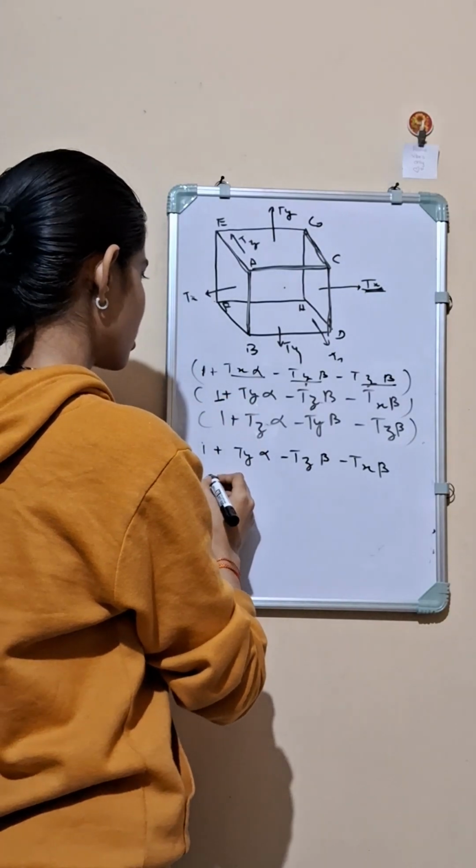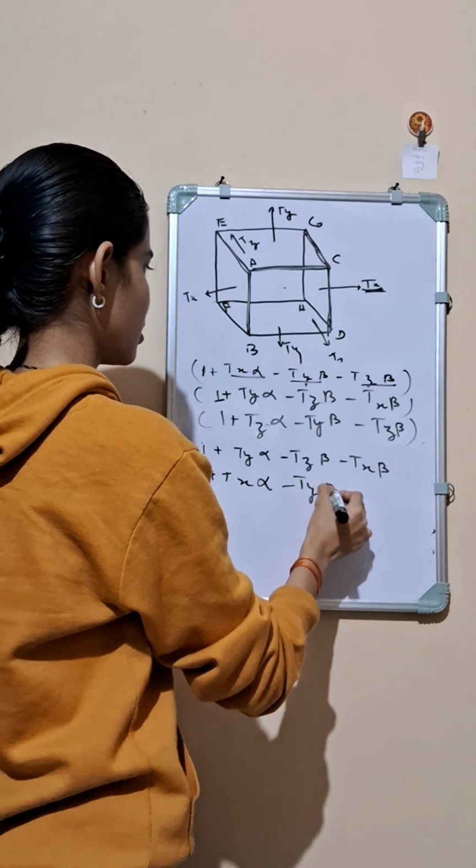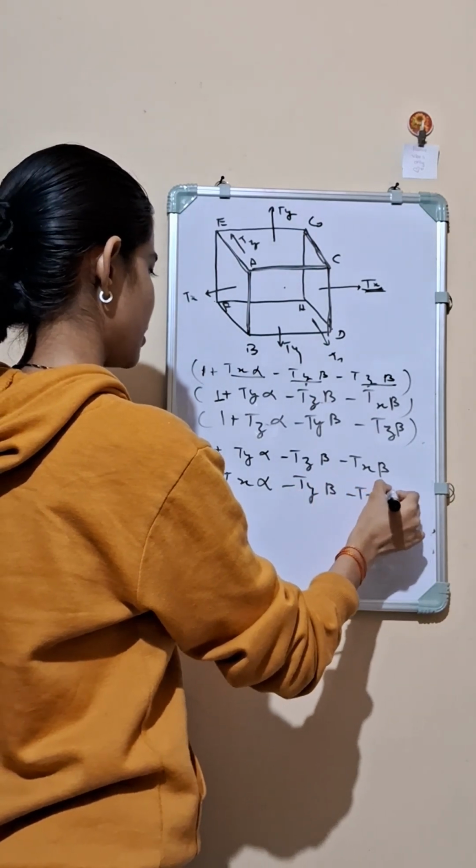So I will multiply these three terms with only 1. So I will get plus Tx alpha minus Ty beta minus Tz beta.